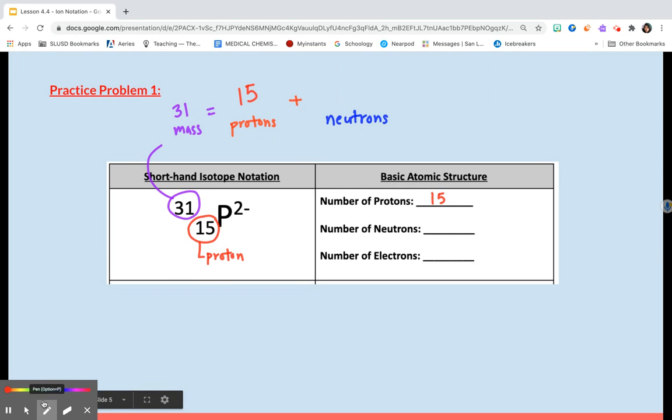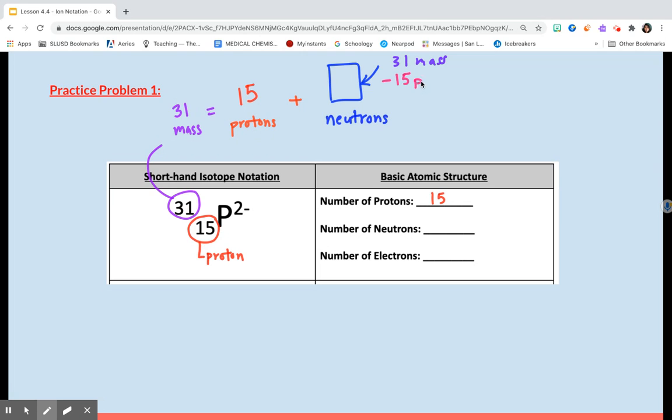So to solve for this one, I would take 31, which is my mass, minus 15 protons.